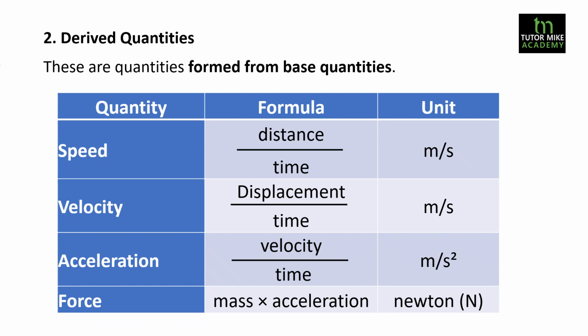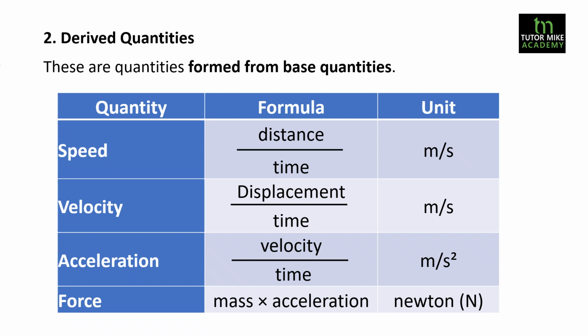Let's look at the unit aspect. The unit of velocity and speed are the same thing, which is meter per second. And for acceleration, we have velocity over time, and the unit is meter per second square.